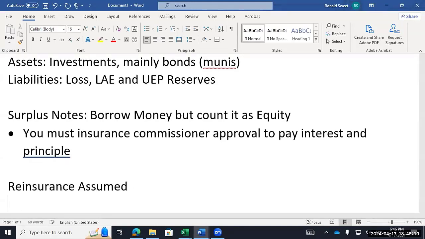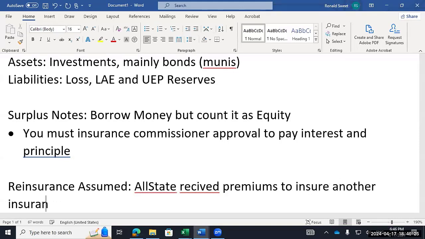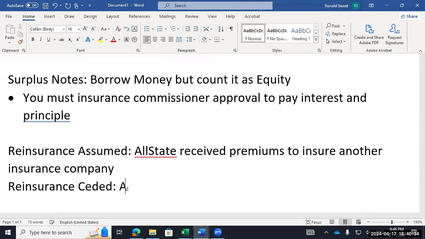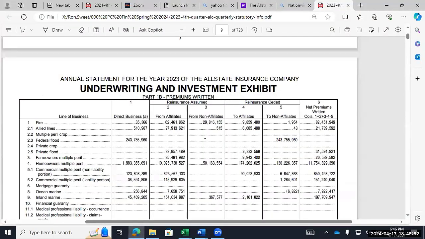Reinsurance assumed, reinsurance ceded. Reinsurance assumed is when Allstate receives premiums to insure another insurance company. That's assumed. That's going to increase their premiums. Ceded is when Allstate bought reinsurance from another company. So you would assume ceded would be much larger than assumed because Allstate is not a reinsurance company.